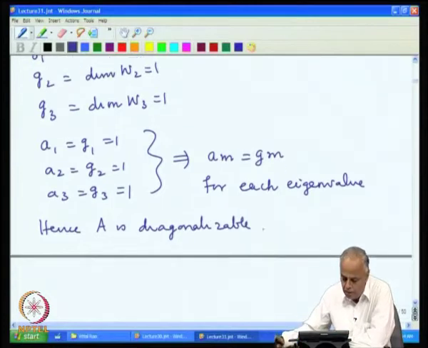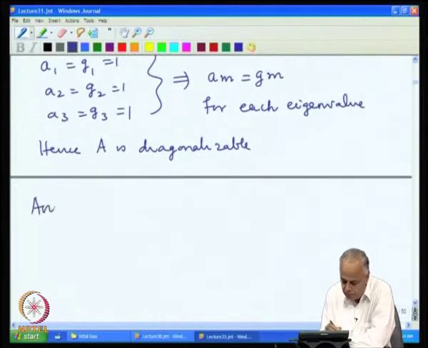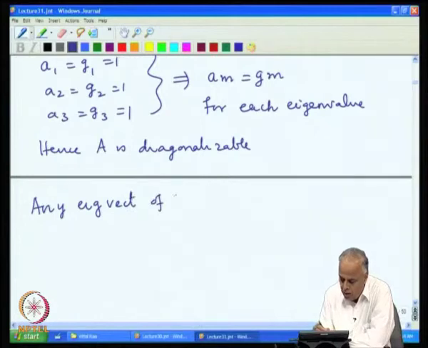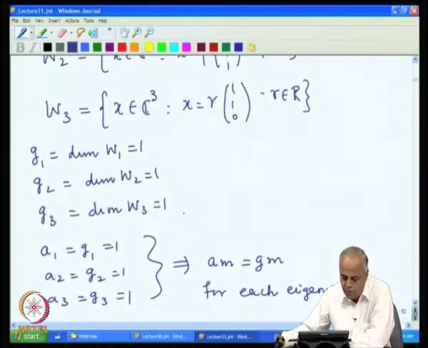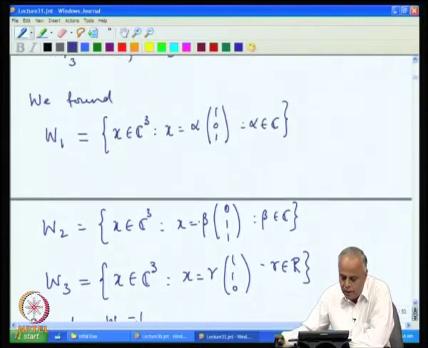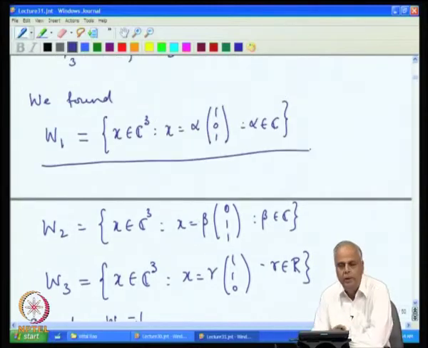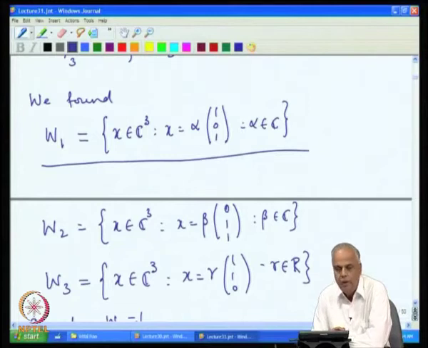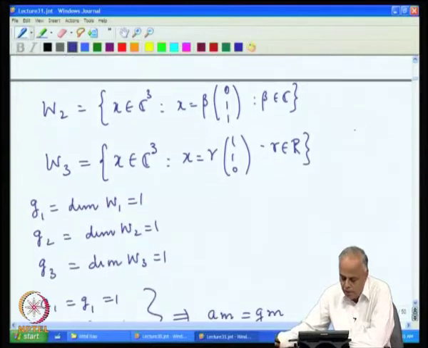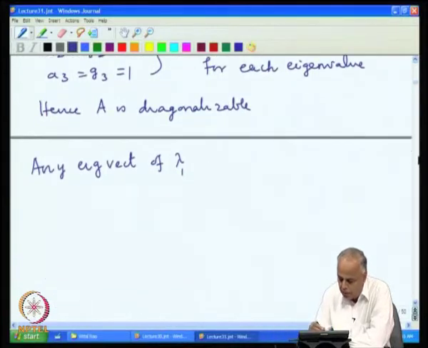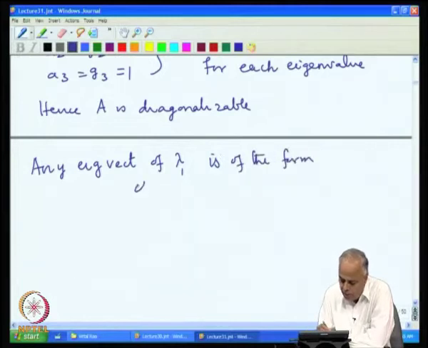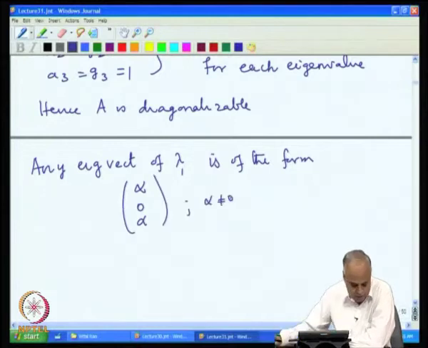Now, observe that any eigenvector of lambda 1 is from W 1. If you take the eigenspace W 1 corresponding to lambda 1, every non-zero vector from this space is an eigenvector. So, any eigenvector in W 1 is of the form alpha 0 alpha, alpha not equal to 0.